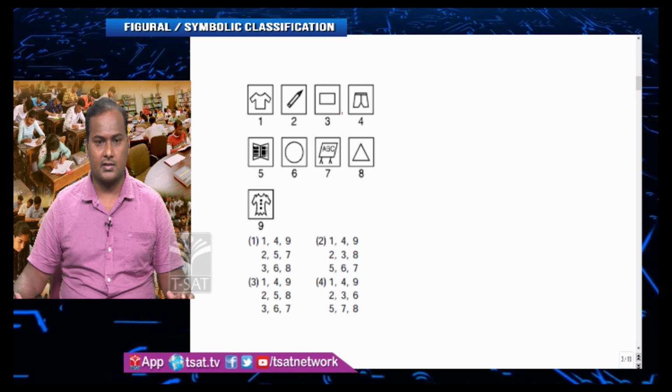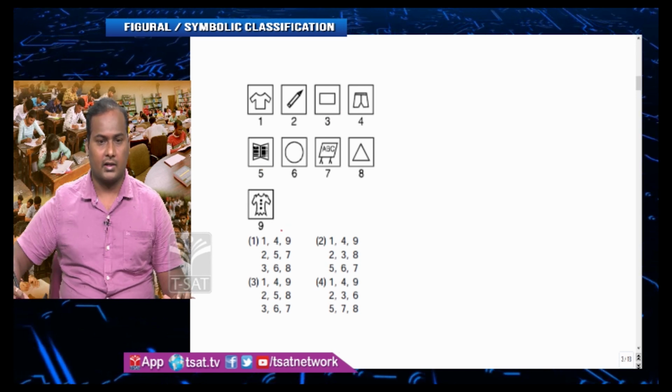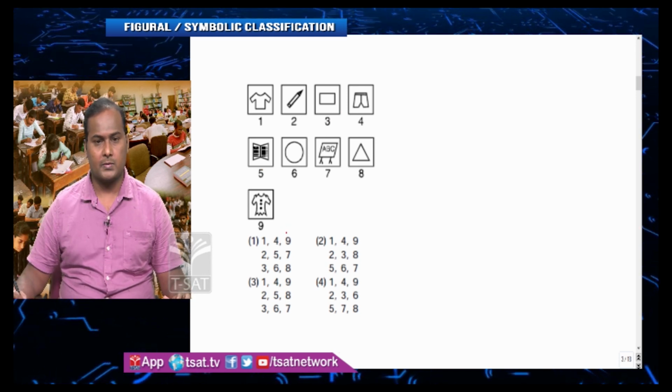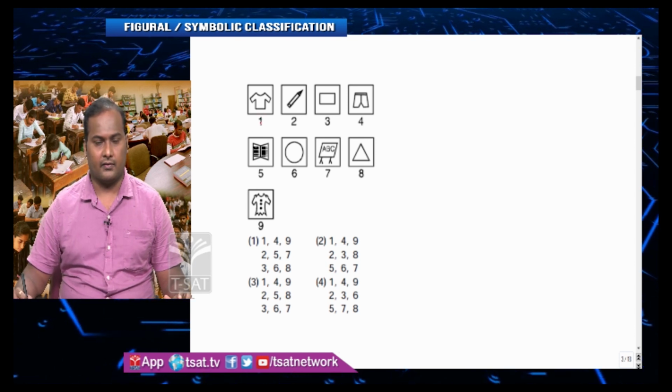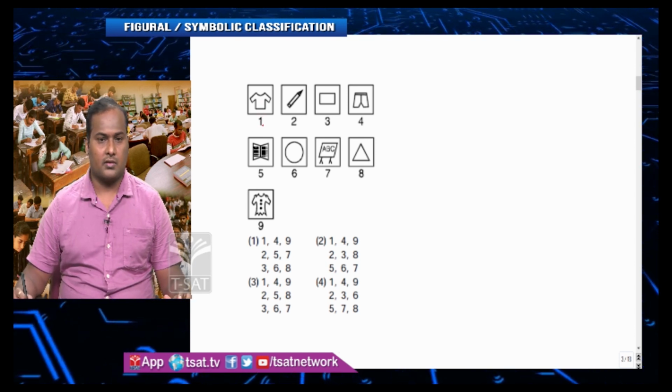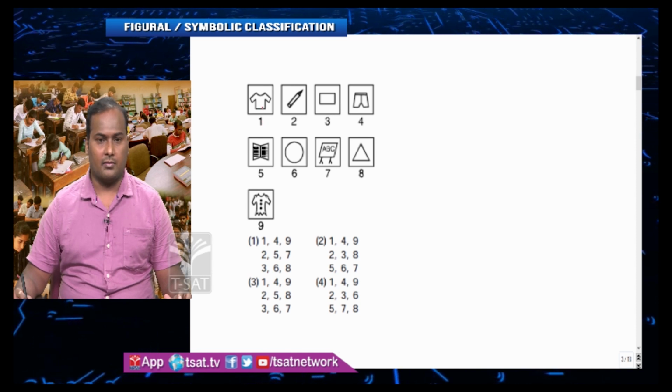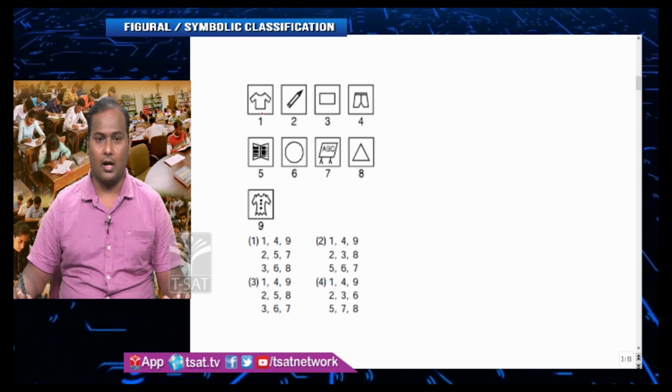This is one more question. Here also 9 figures are given, and these 9 figures are classified into 3 groups. Now see the first figure. What can you observe in the first figure? I can observe something like a shirt or a garment.